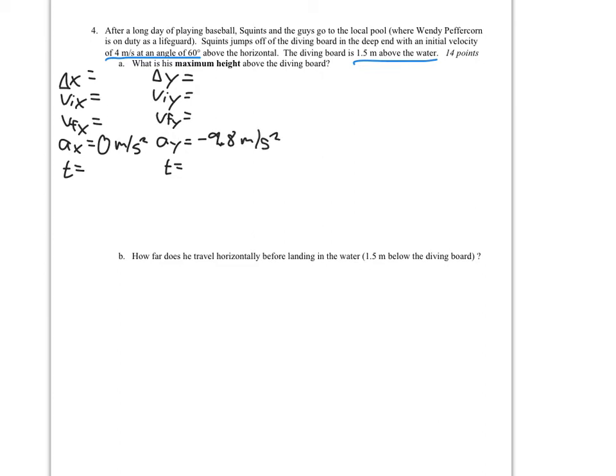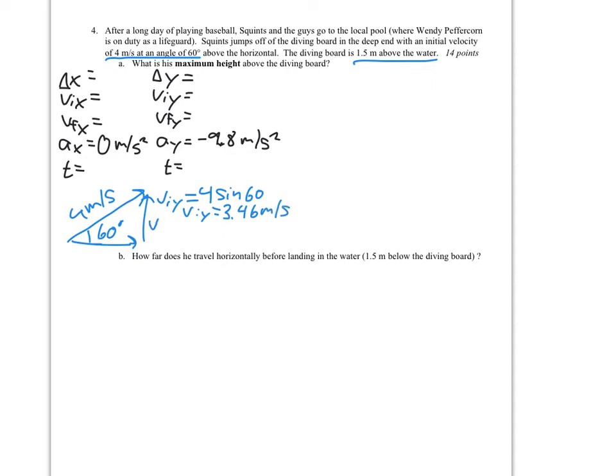So I'm going to go ahead then and take that velocity and angle and break it up into x and y components. So here I have that 4 meters per second at an angle of 60 degrees. When I break that up into x and y components, I find my VIY is going to be 4 sine of 60, which gives me a VIY of 3.46 meters per second.